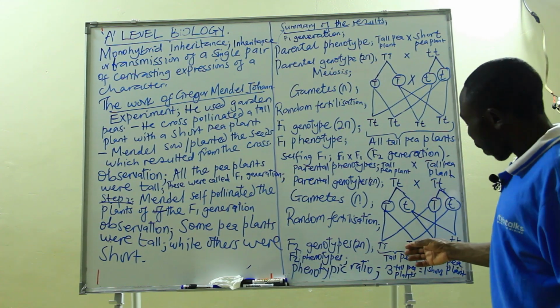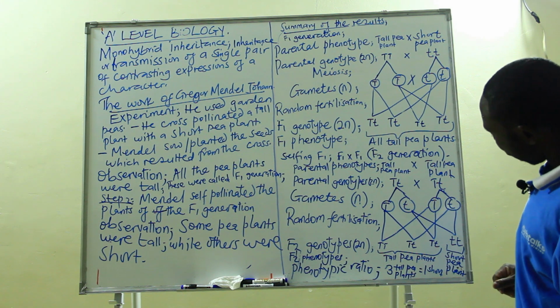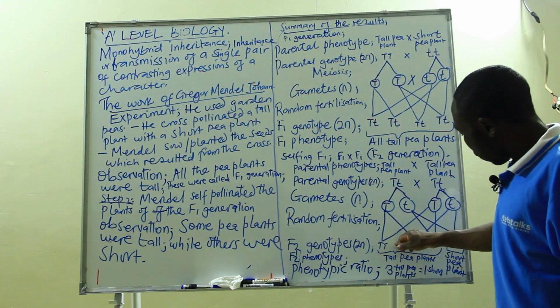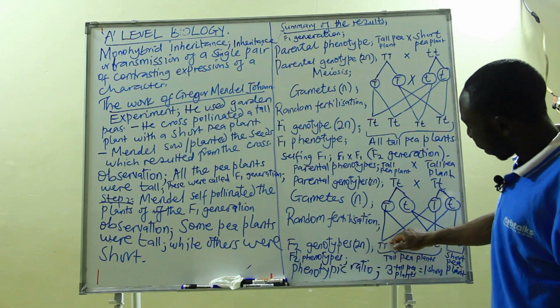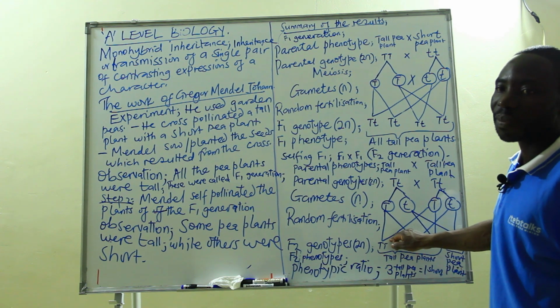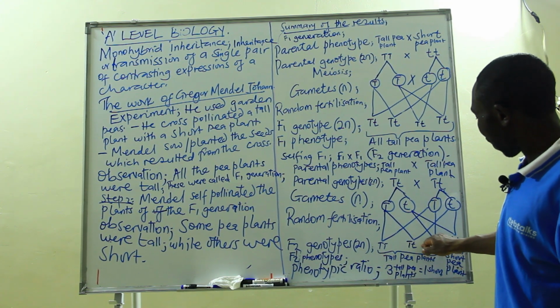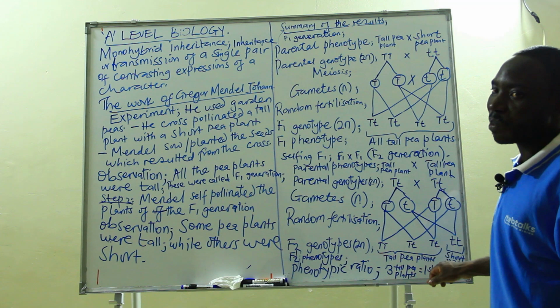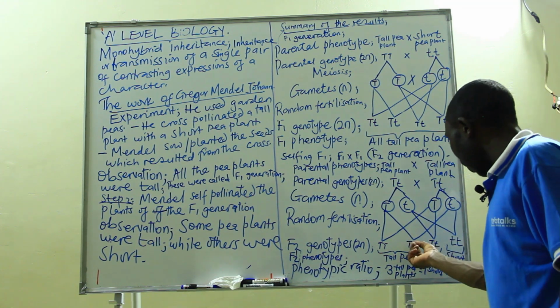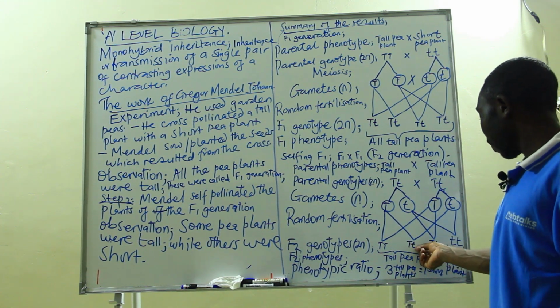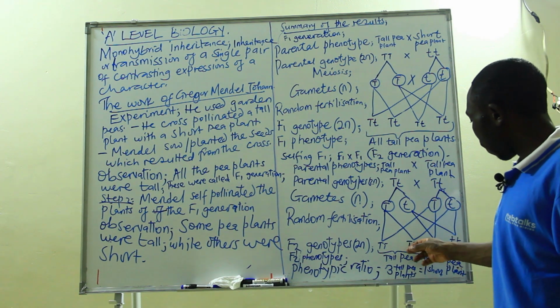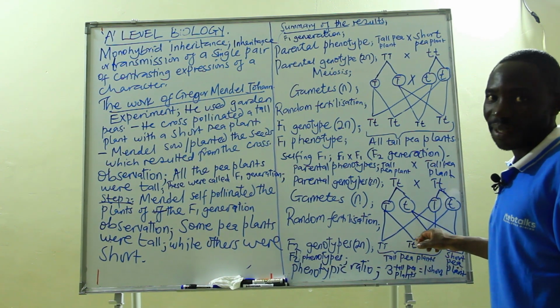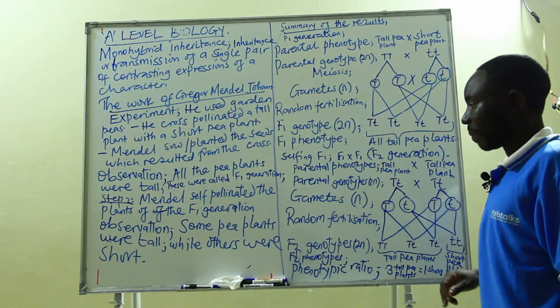Of the plants which are tall, we can observe that some of them are homozygous dominant for tallness, while others are heterozygotes. They have the dominant allele and a recessive allele.